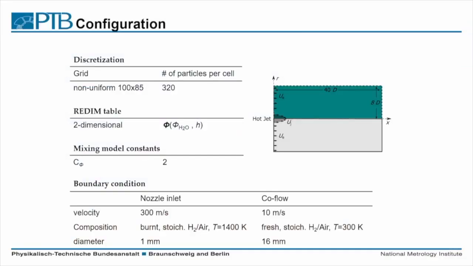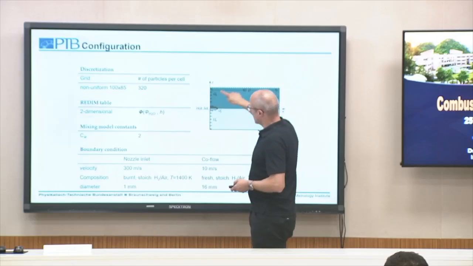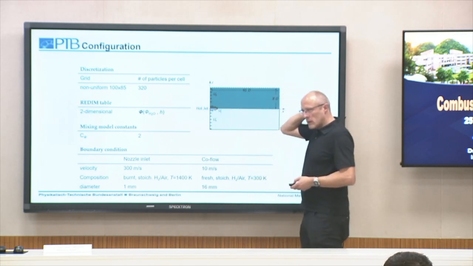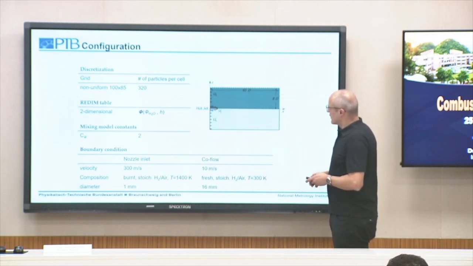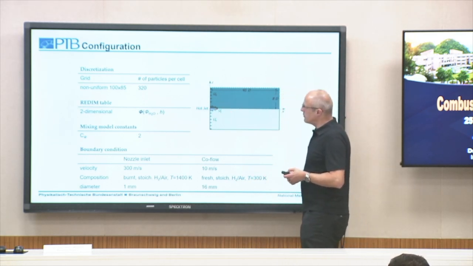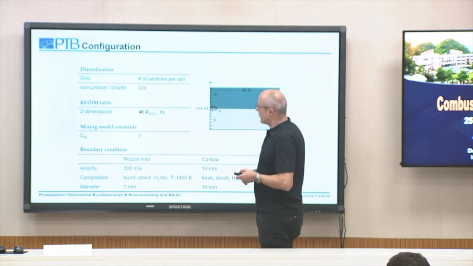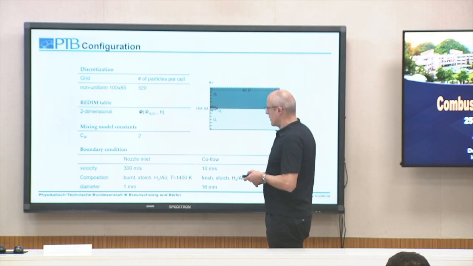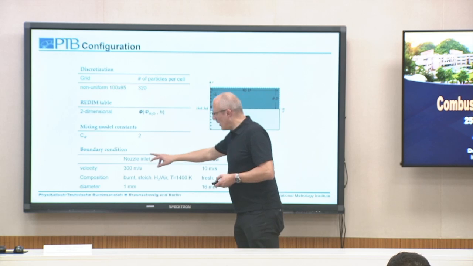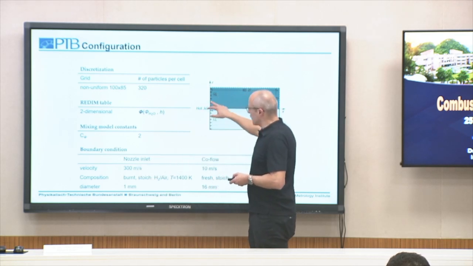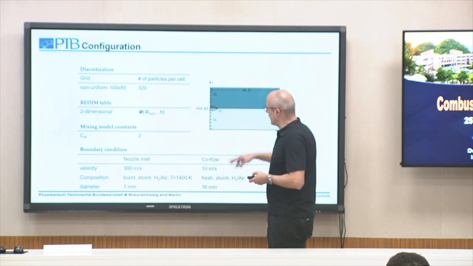So how can we use this for our simulation? We have a 2D grid here, so we assume a cylindrical setup. We have an outflow velocity here of 300 meters per second for this example.